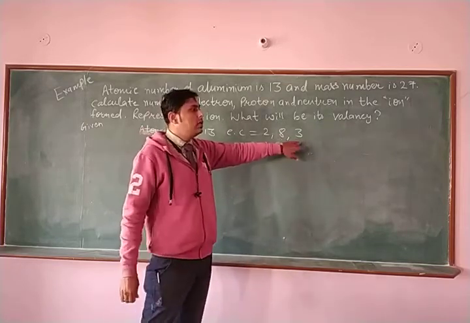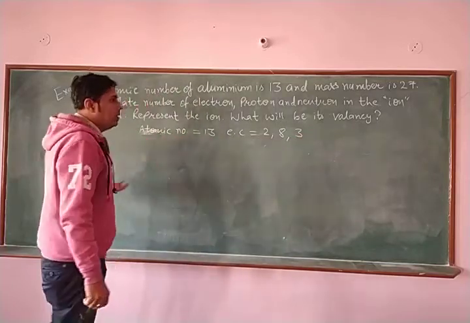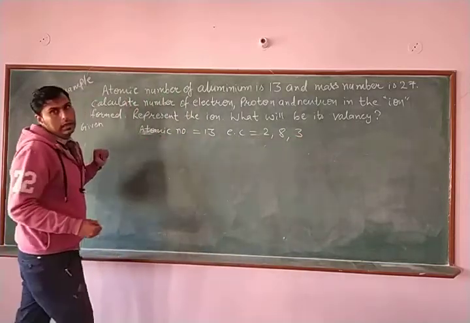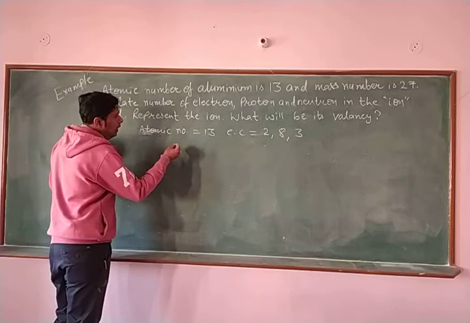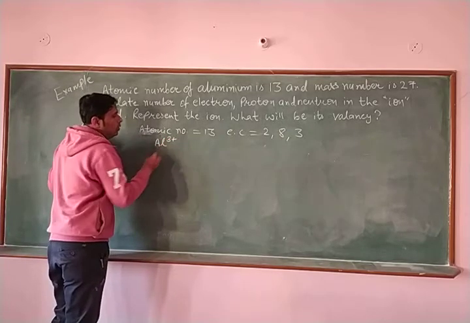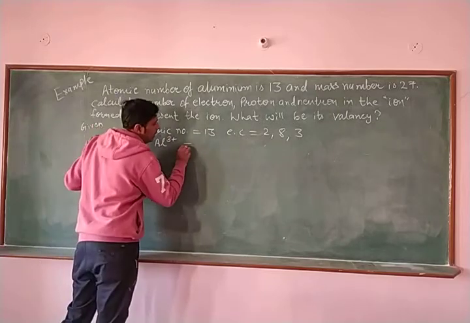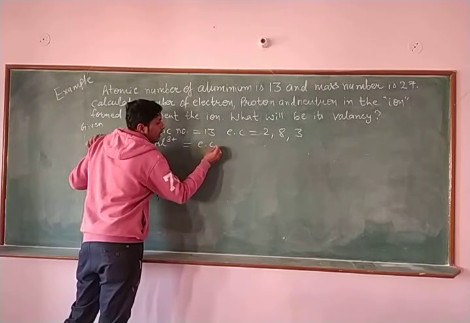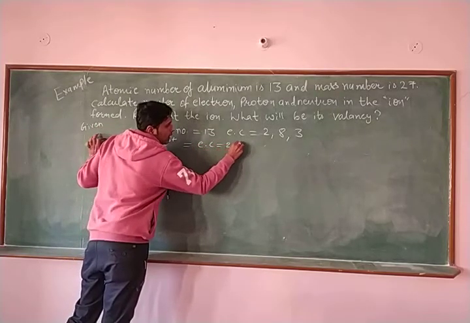So aluminium will lose 3 electrons and will form a cation. It becomes 3 plus, and then the electronic configuration will be 2 and 8.